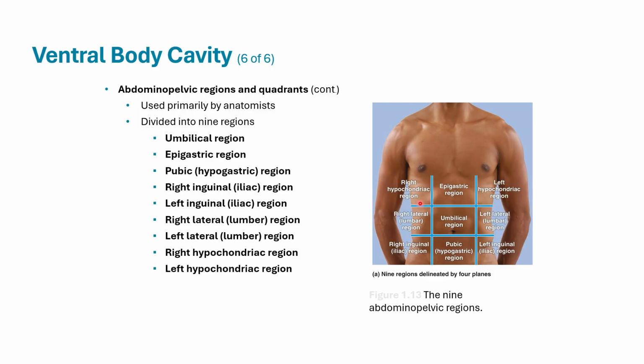Above the superior transverse plane, we have 3 abdominopelvic regions: the right hypochondriac region, the epigastric region, and the left hypochondriac region.